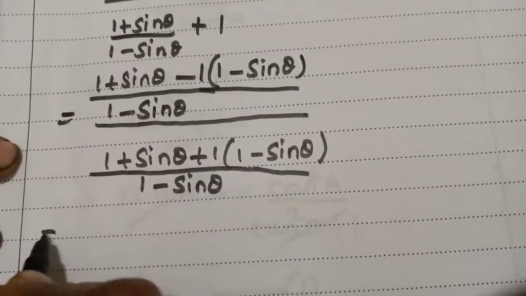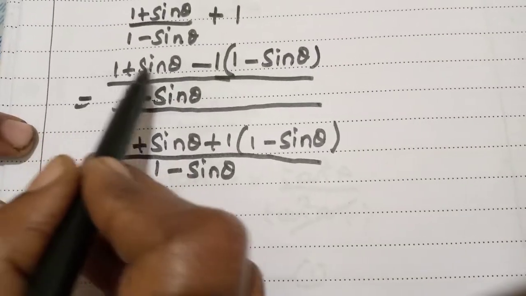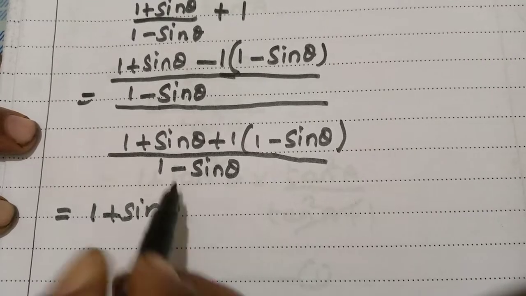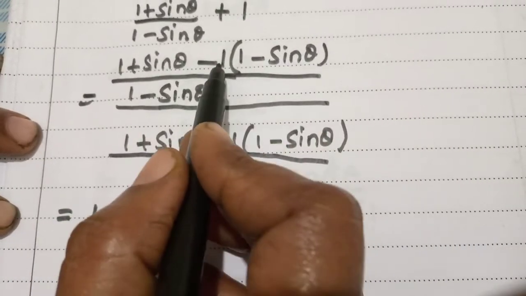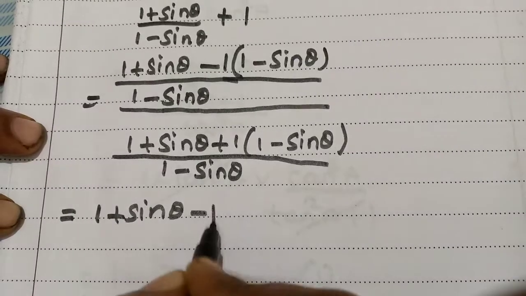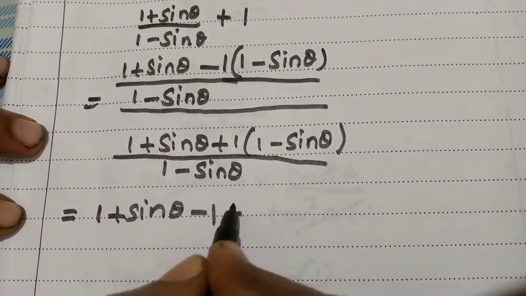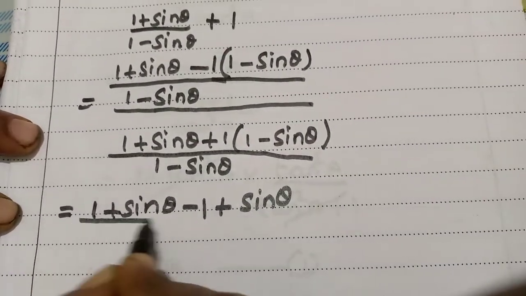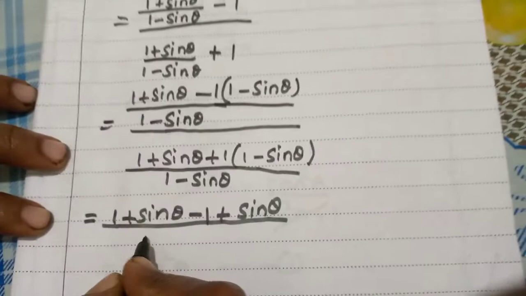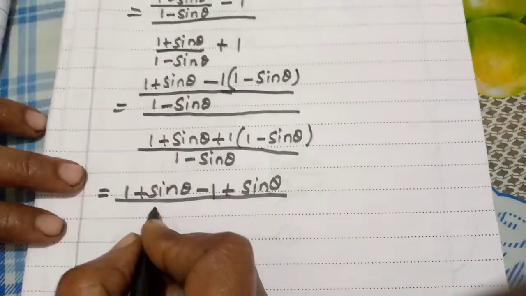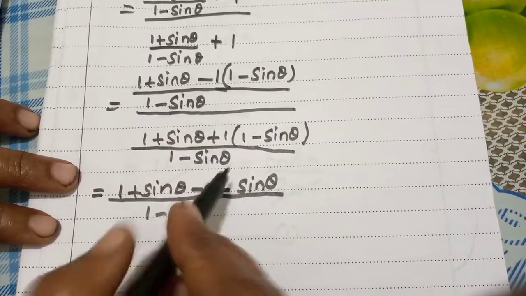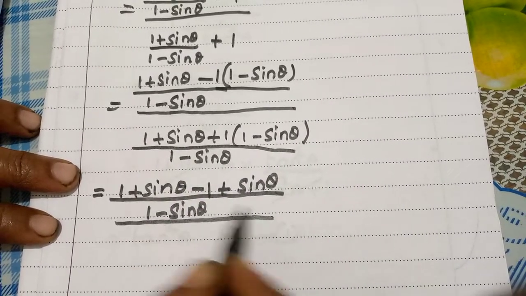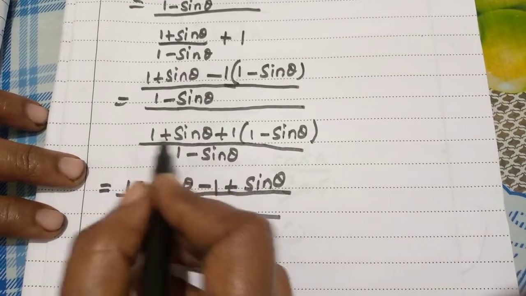Now see this numerator alone: 1 plus sin theta with this minus 1, multiply both terms. Minus 1 into 1 is minus 1, minus into minus is plus 1 into sin theta is sin theta, divided by this denominator as it is, 1 minus sin theta. Now come to this denominator term, divided by, as it is, 1 plus sin theta.